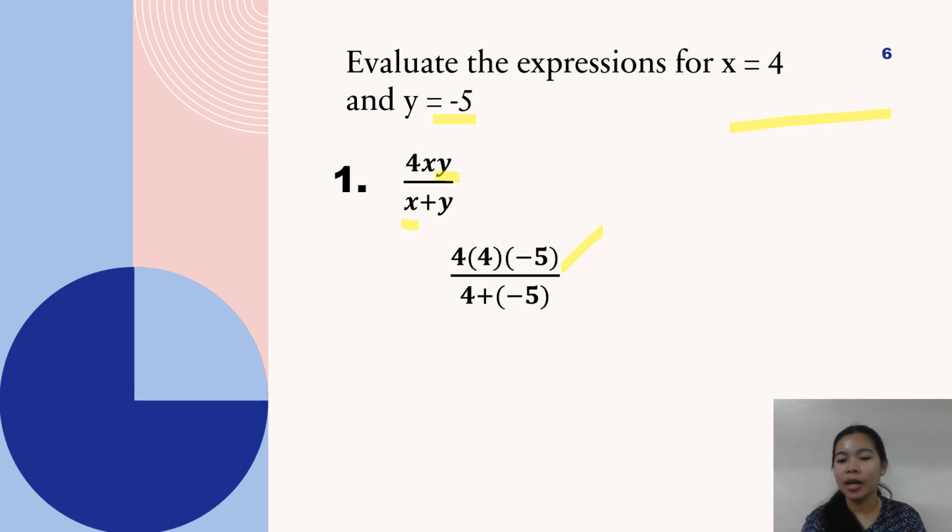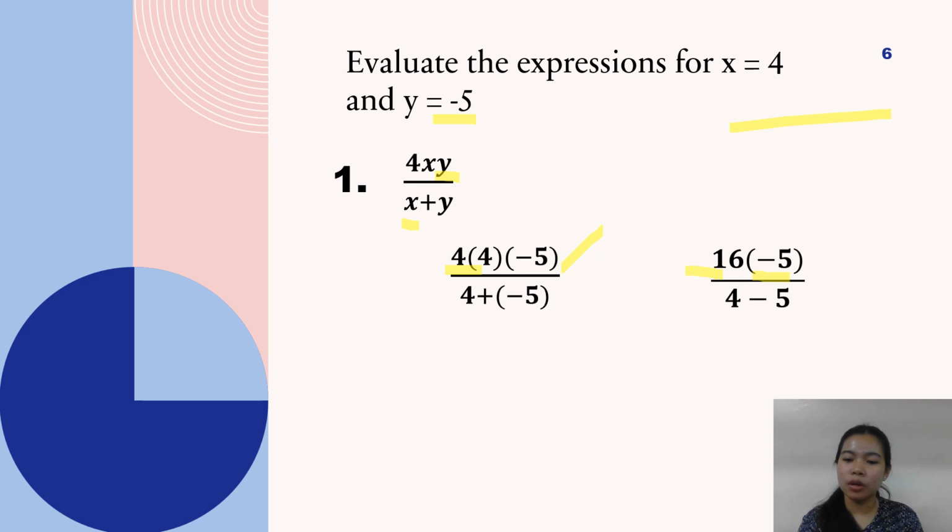Plus a negative 5. So if we multiply 4 times 4 minus 5, you will be able to get 16. 16 comes from 4 multiplied by 4, and copy negative 5.